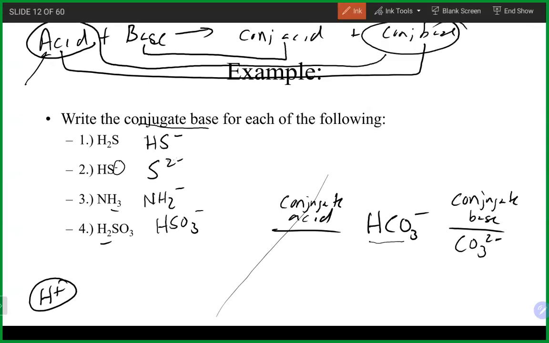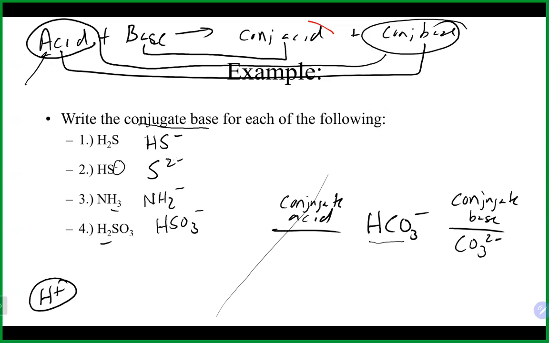If we are looking for the conjugate acid, the conjugate acid on the original side is a base, which means it's going to accept the H plus, right? And that means that we will end up with H2CO3 in this case. Any questions on either one of those there?